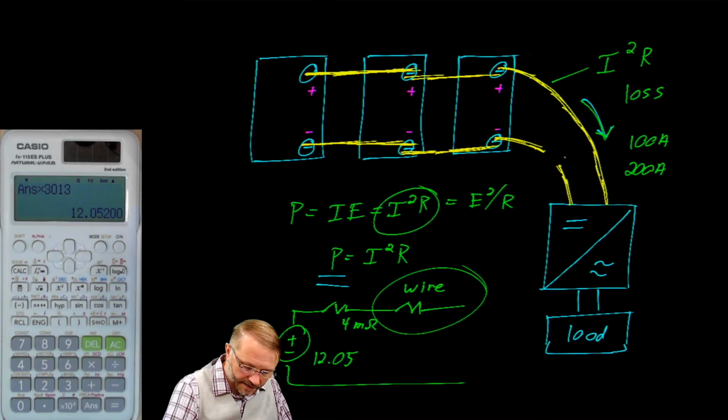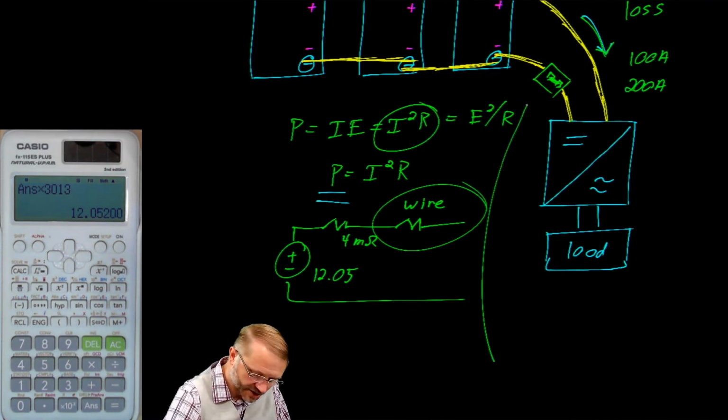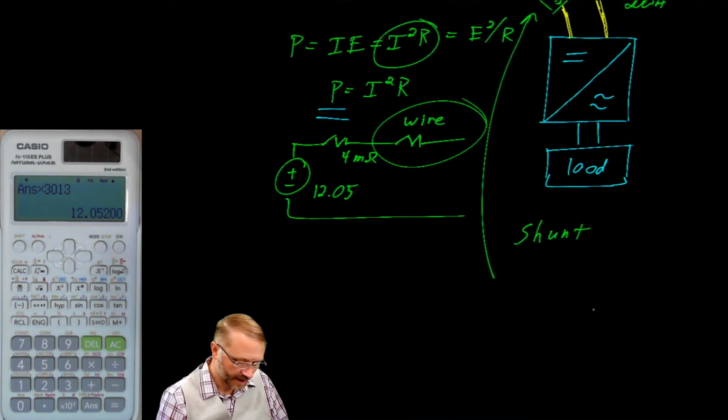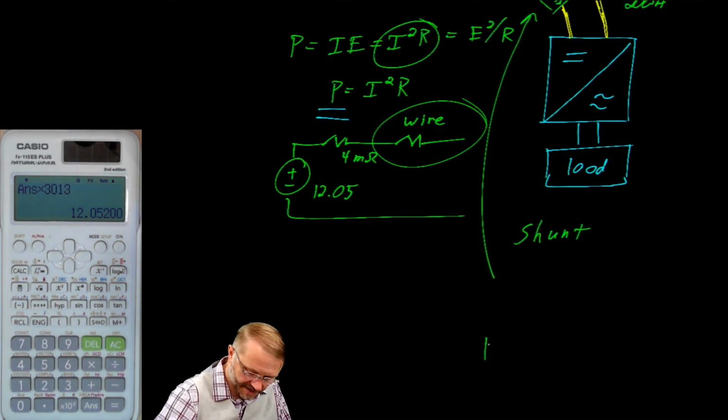While we're here, let's talk about a method to determine the current flowing in this system. So this device here is called a shunt, and it looks something like this.